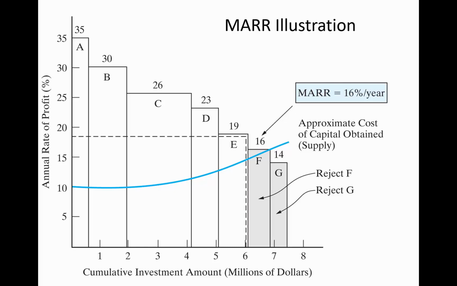But in a steady state situation where you are a company that's trying to make profit, then you can't accept a project that is going to cost you more money than you receive to undertake it. So the typical decision criteria is going to be to reject an alternative where the rate of return is lower than the minimum.